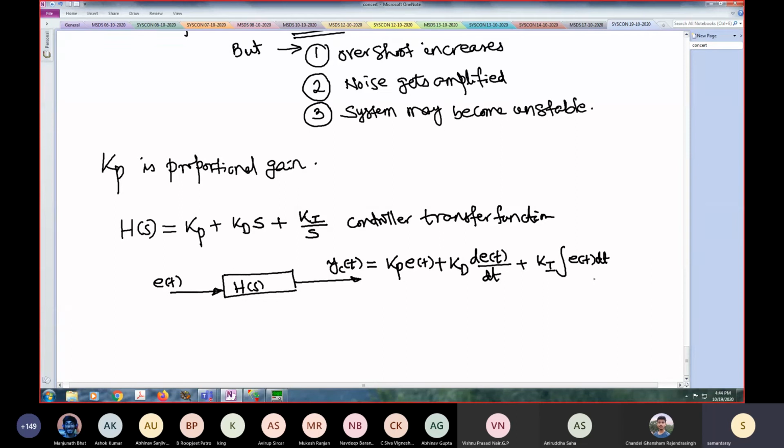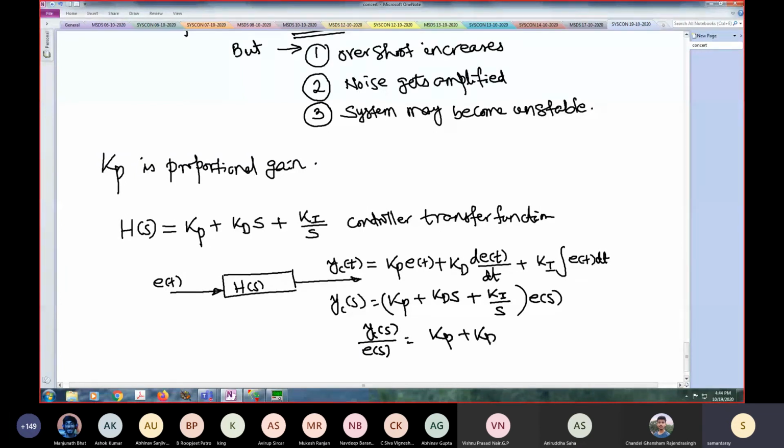If you take the transform, Yc(s) is equal to Kp plus Kd into s for derivative, and Ki by s for integration, times E(s). So Yc(s) by E(s) is equal to Kp plus Kd s plus Ki by s. This is the controller.